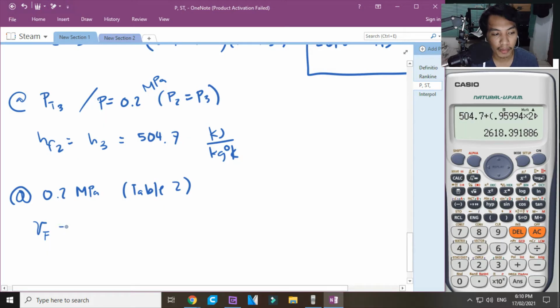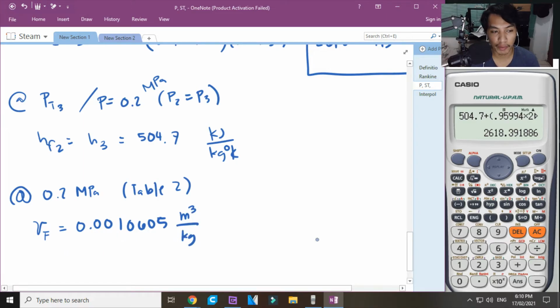The value of VF is, divide mo ng 1,000, so 0.0010605. Ilan to? Cubic meter per kilogram.